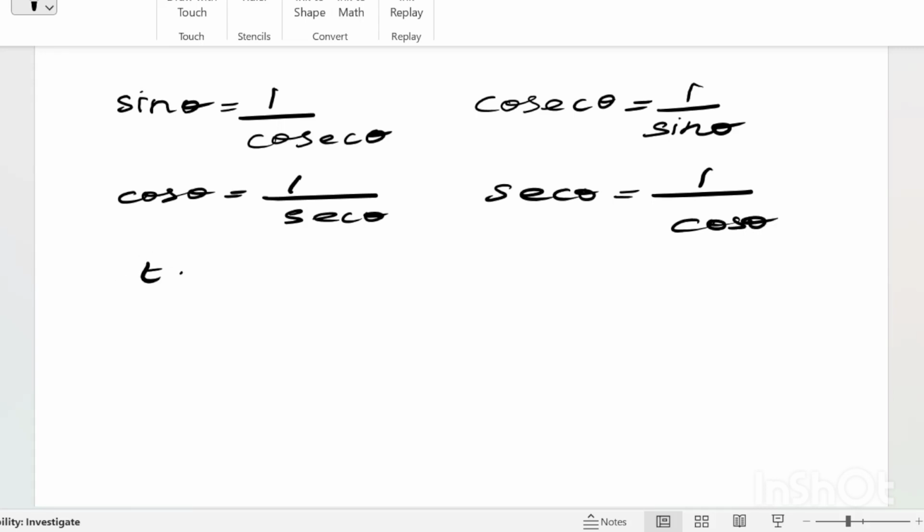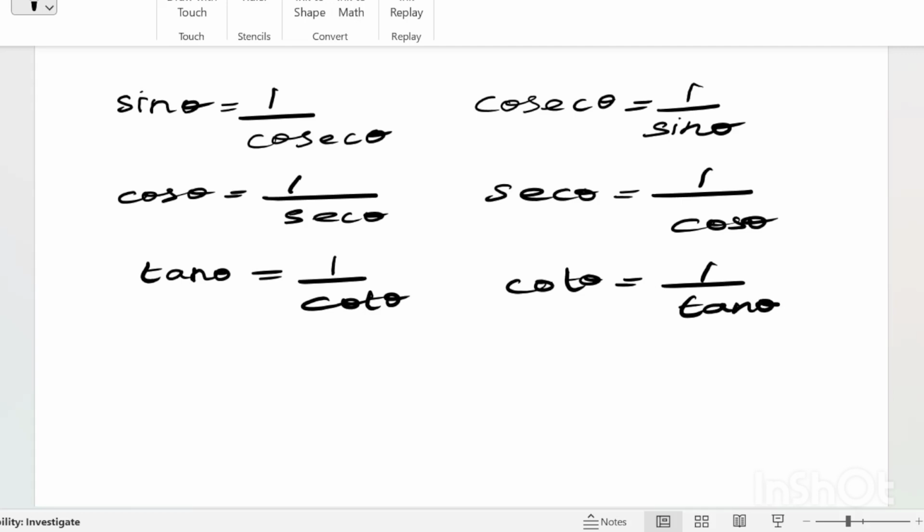Similarly, tan theta. The reciprocal of tan theta is cot theta. So tan theta is equal to 1 by cot theta, and cot theta will be equal to 1 by tan theta. So in the previous slide, I showed that tan theta can also be written as sin theta divided by cos theta.